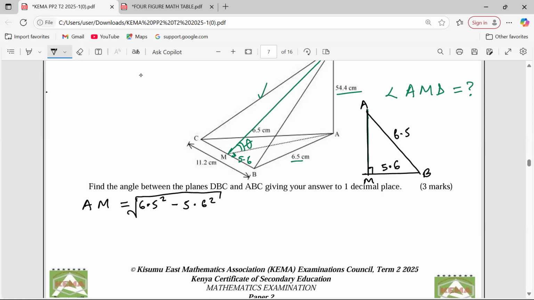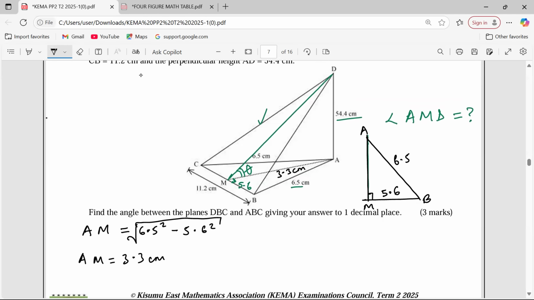So the length AM shall be the square root of 6.5 squared minus 5.6 squared. Exactly 3.3 centimeters. So the length through there, 3.3 centimeters.